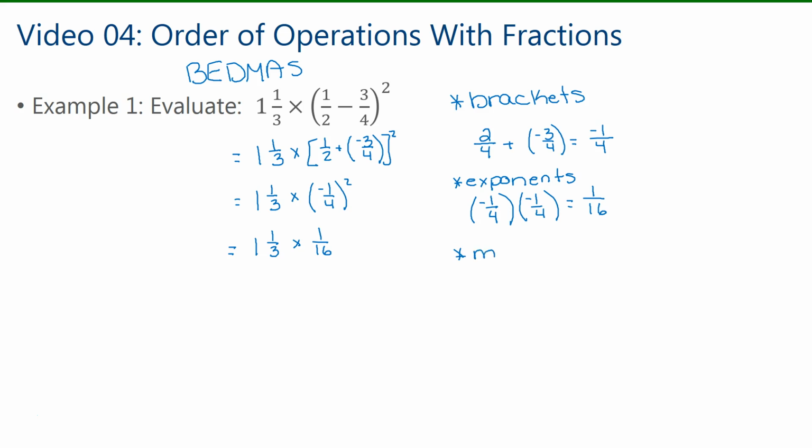So now we just have multiplication left to do. Before I multiply these, I need to change that mixed number into an improper fraction. 3 times 1 is 3, plus 1 gives me 4 over 3 times 1 over 16. Now before I multiply, I'm going to look to see if I can reduce the fractions.